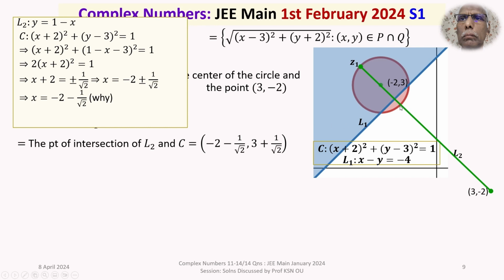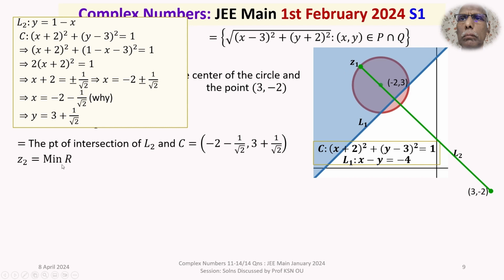So minus 2 plus 1 by root 2 will be somewhere here. So corresponding to this one, what is y? In this you substitute 1 minus, in brackets, minus 2 minus 1 by root 2, that is 3 plus 1 by root 2. So these are the coordinates of this point Z1: minus 2 minus 1 by root 2, 3 plus 1 by root 2. That is your Z1.